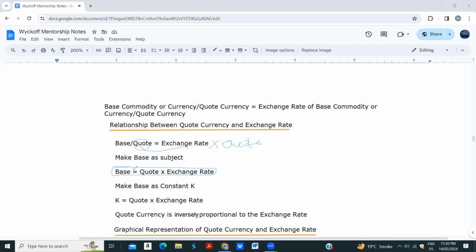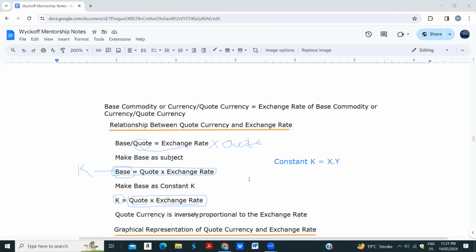Now we make base the constant k, and the formula becomes quote multiplied by exchange rate. Now we have to study the relationship between exchange rate and quote. As I told you, the formula for the inverse proportion relationship is constant k is equal to x multiplied by y.